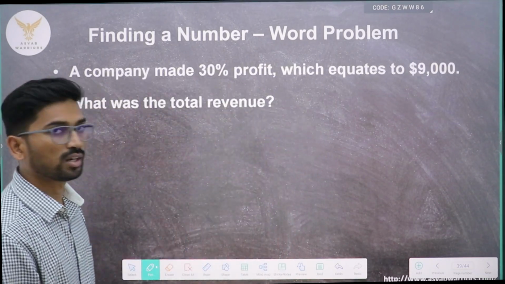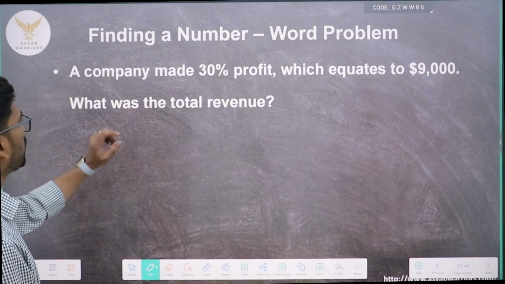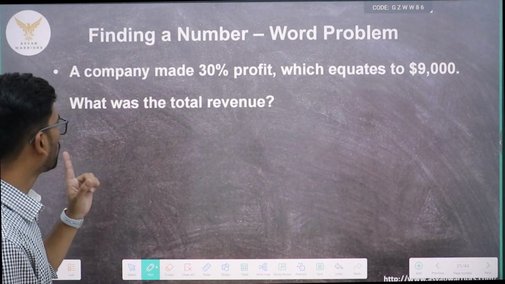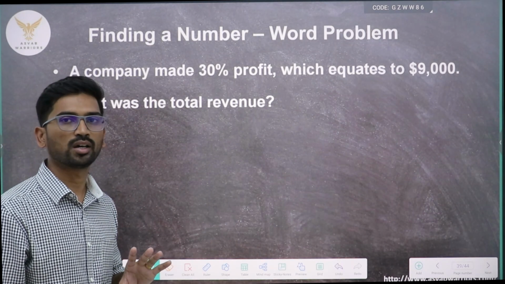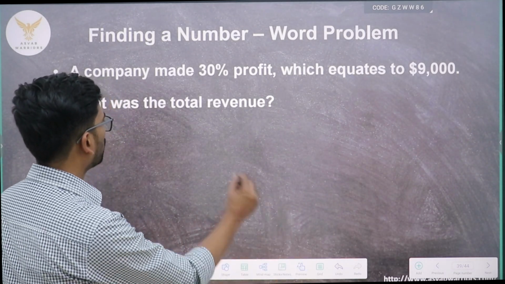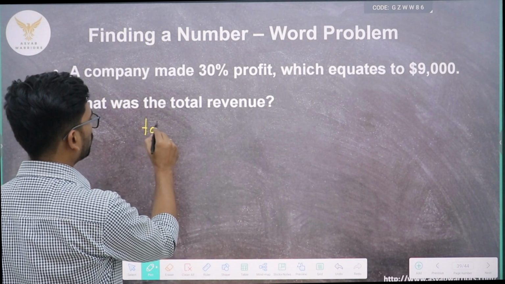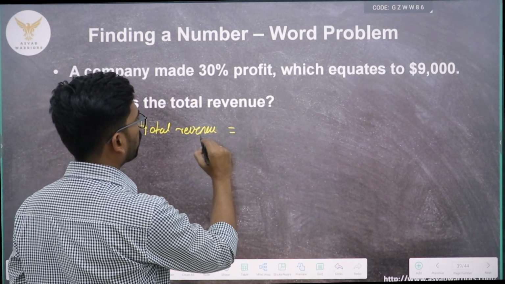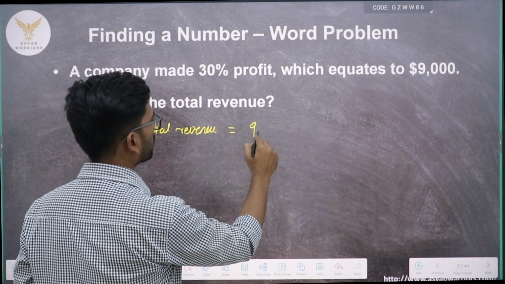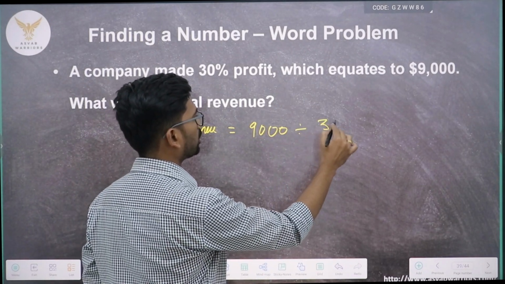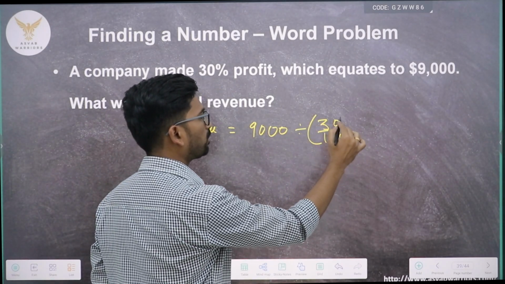Now let us move on to the next question. A company made 30% profit, which equates to 9,000. What was the total revenue? Again, this is a question of part and whole. So the total revenue will be equal to, part is 9,000 divided by percentage, which is 30%.